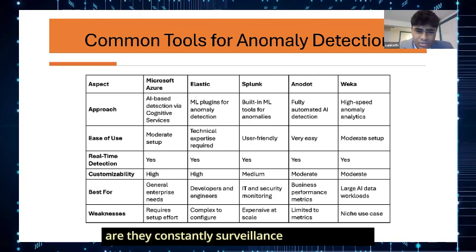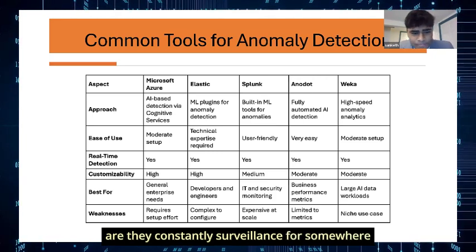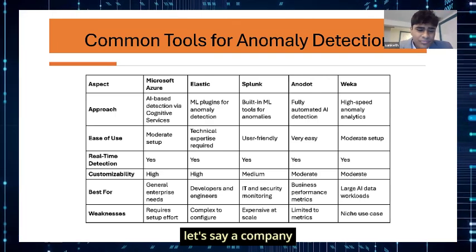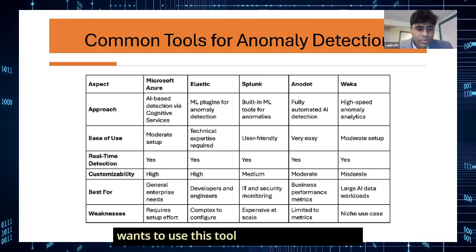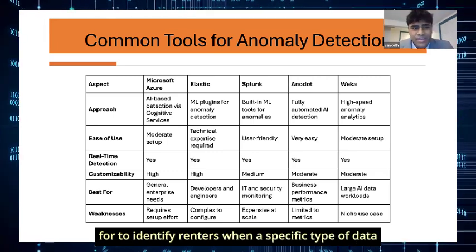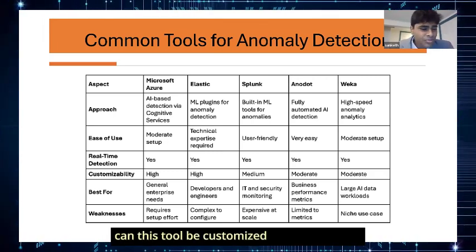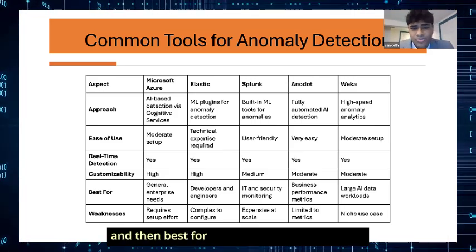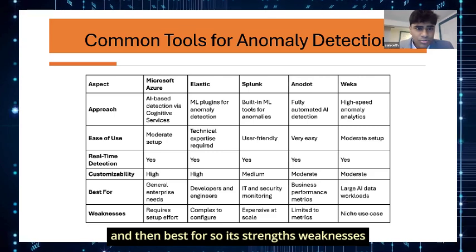Are they constantly surveilling for ransomware? Customizability. Let's say a company wants to use this tool for a specific purpose, to identify ransomware in a specific type of data. Can this tool be customized for that purpose? And then best for, so its strengths, weaknesses, what it's weak at.